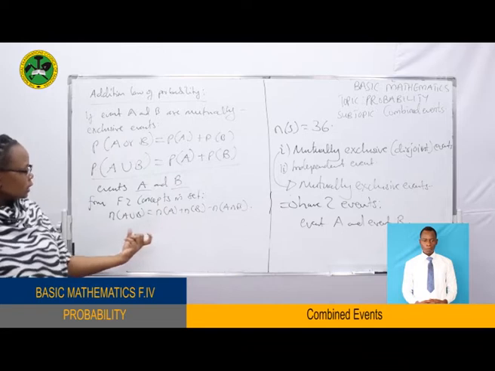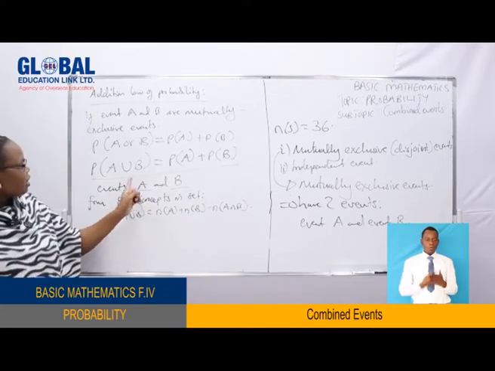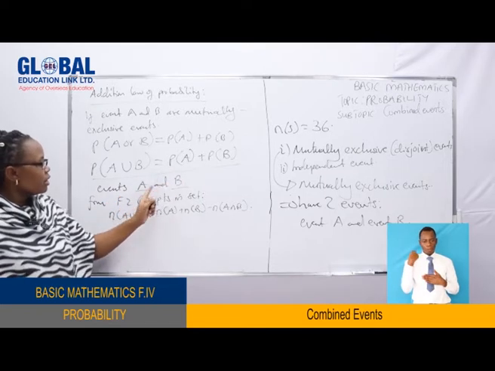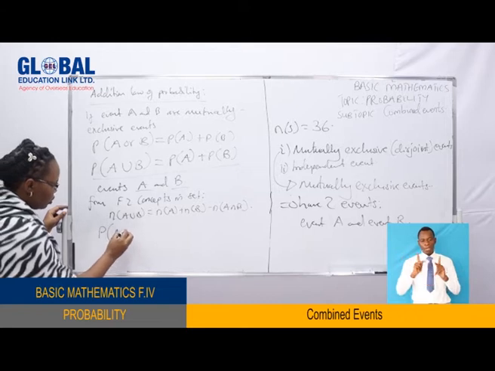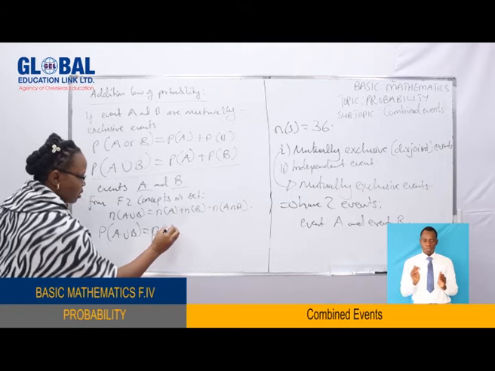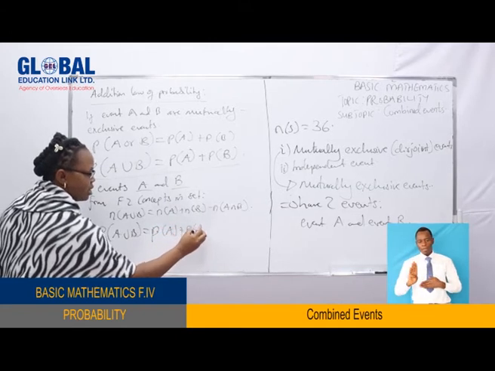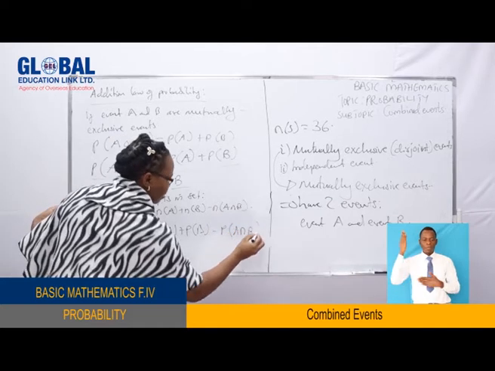By using this concept from Form 2, in probability, if the elements of events A and B are the same, we can say that probability of A union B equals probability of A plus probability of B minus probability of A intersection B.